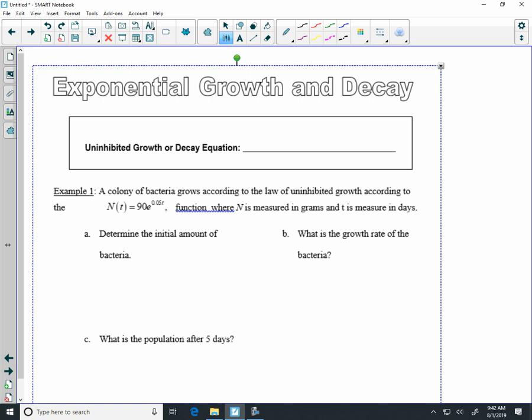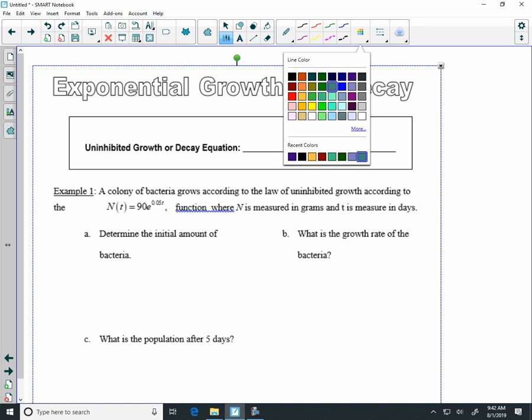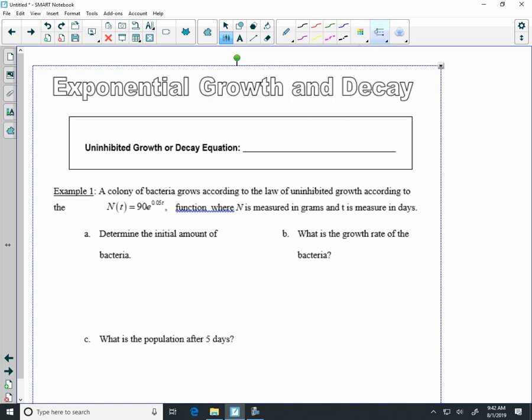So uninhibited growth or decay, you've seen models like this in Algebra 2 as well as in Algebra 1 actually. Uninhibited growth and decay looks like this. So the e there is not a variable.